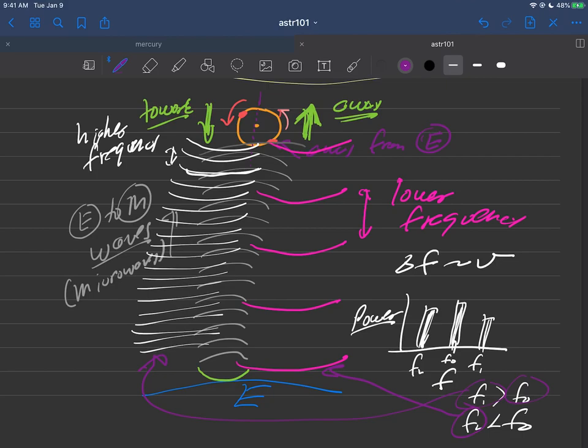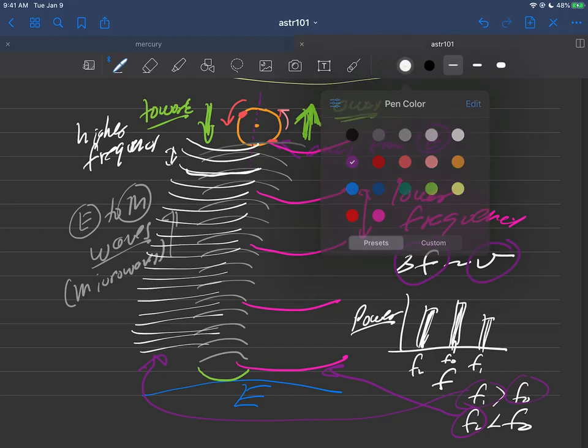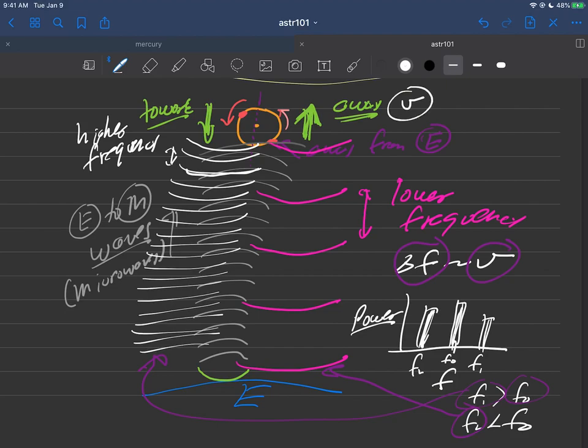So they got both of these frequencies back, and they could measure the shift in frequencies, and from that they could determine V, which is just how fast Mercury is rotating away from the waves on this side, or how fast it's rotating towards the waves on this side. So they had double the amount of data to calculate the speed in both ways, both the Doppler shift towards and away, and that's how the rotation speed of Mercury was ultimately discovered, by bouncing microwaves off the planet and measuring the Doppler effect of the waves on return.